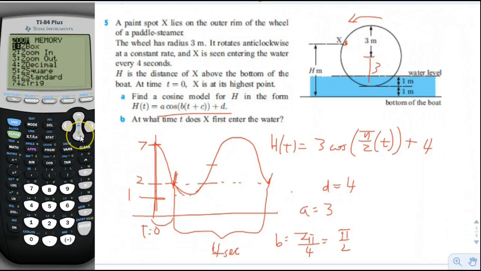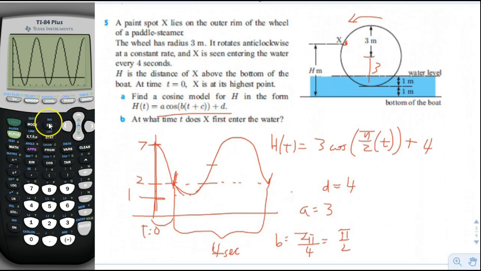Let me do a zoom fit here. Okay, now let's try it again.